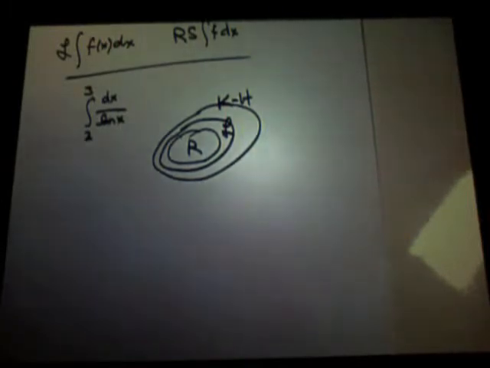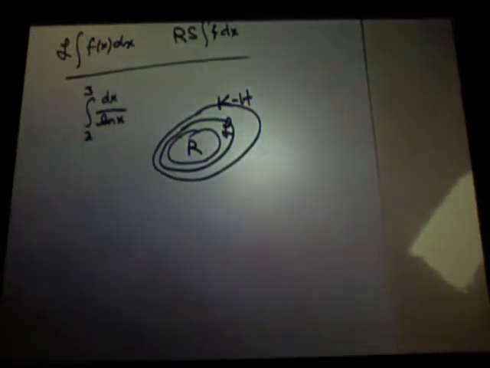You do your rectangle thing. You pick a so-called tag point inside each subinterval of the partition. A partition is just a set of points, chopping points along the axis between A and B. Rectangles go up at the chopping points, right? You pick a tag point inside each one of these partition subintervals.